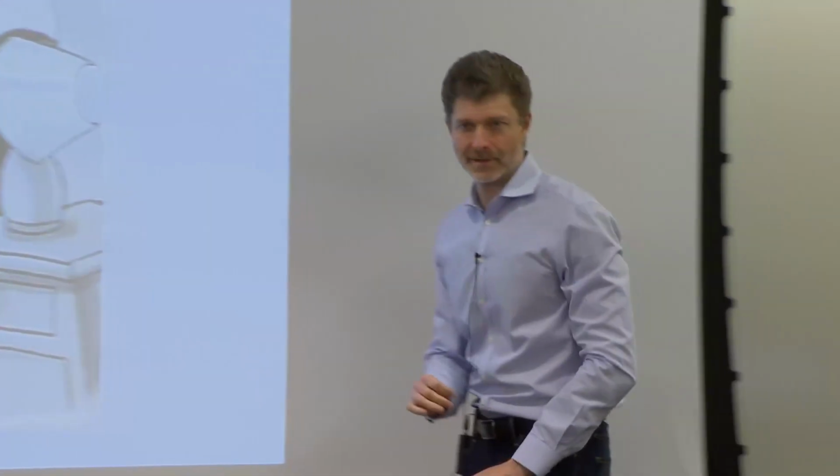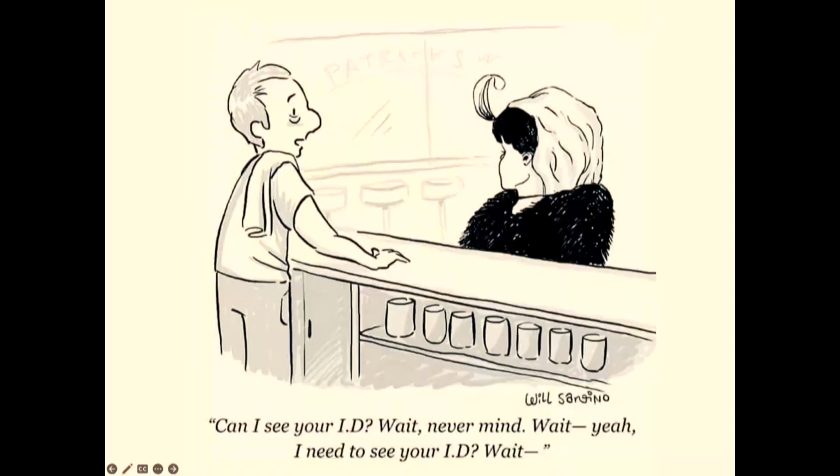You can see it as a duck or as a rabbit. So this is a cartoon that I saw recently. The bartender says, "Can I see your ID?" "Wait, never mind." "Wait, yeah." "I need to see your ID." "Wait." Constantly switching between these interpretations of someone who's underage and someone who's overage.